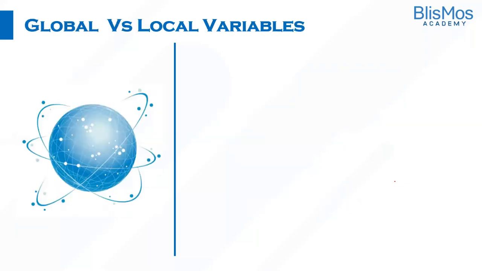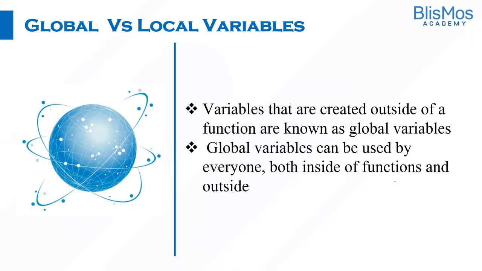When we talk about variables, we often think about, is it a global variable? Is it a local variable? Let us try to understand the difference between global variable and local variable in the context of Python. Global variables are the variables that are created outside of a function.